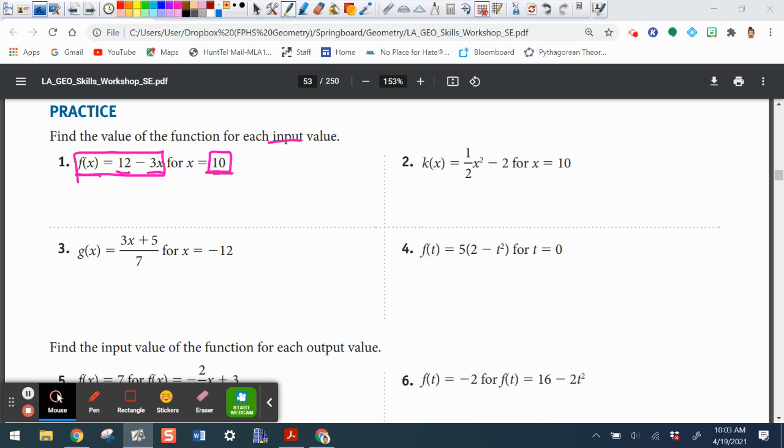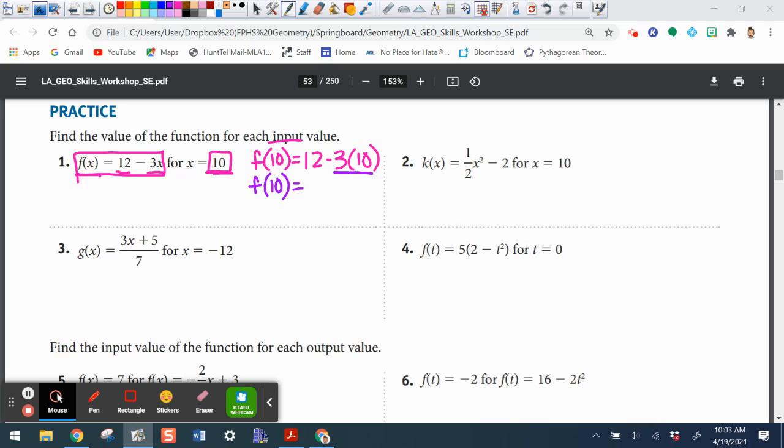So if x equals 10, then f of 10 is equal to 12 minus 3 times 10. Now we're performing order of operations, PEMDAS, of course. The first thing we're going to do is the multiplication between these two terms. Just get in the habit of bringing down f of 10 equals.